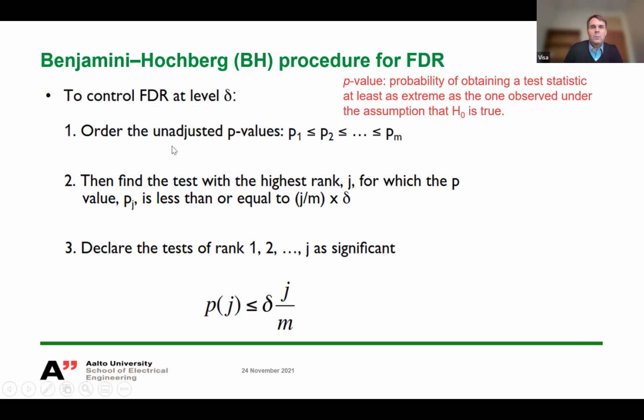Then you receive m of these p-values, and in order to do this inference, you rank order these p-values. Then you look for the highest rank, denoted here by J, for which the p-value is less than or equal to J over M times, in this case, delta, which basically gives you how much of a proportion of false positives you allow.